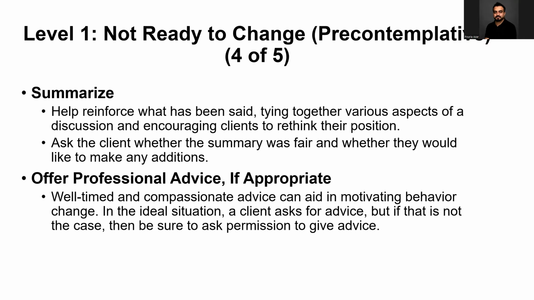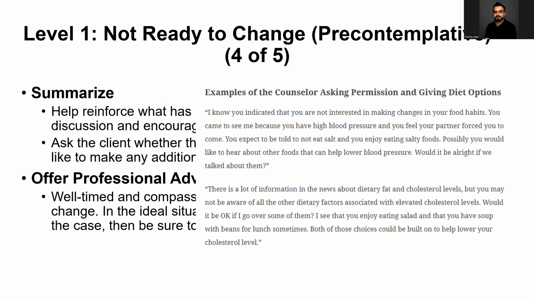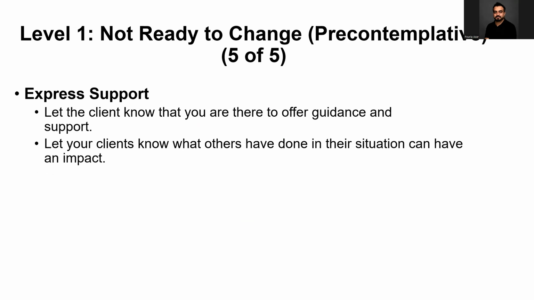Well-timed and compassionate advice can aid in motivating behavior change. In the ideal situation, a client asks for advice. But if that is not the case, we need to ask permission to give advice. This is an example of how we ask for permission and give different diet options.